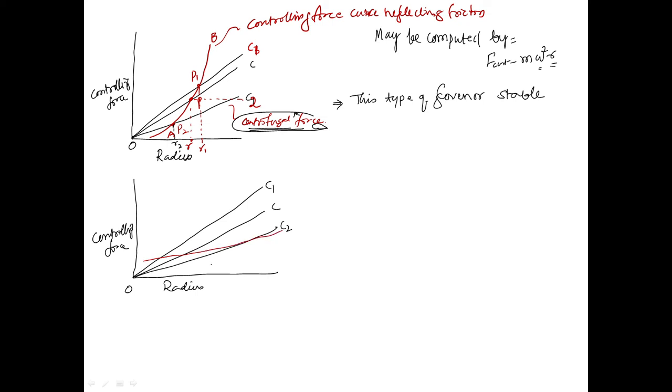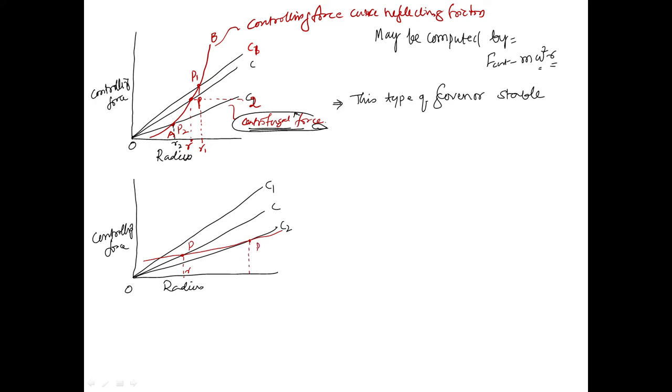Now just look here. The curve which is drawn here has a flattish nature. Let us again take point P, the equilibrium speed at radius R1.